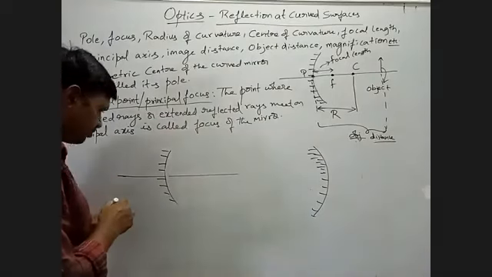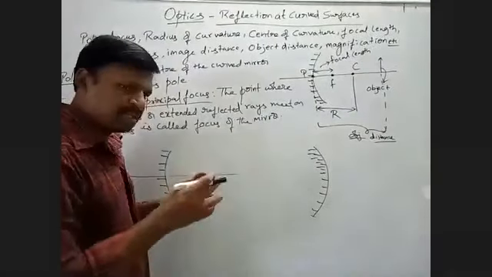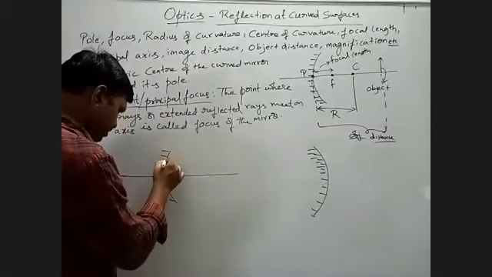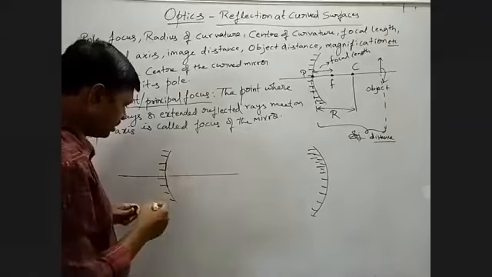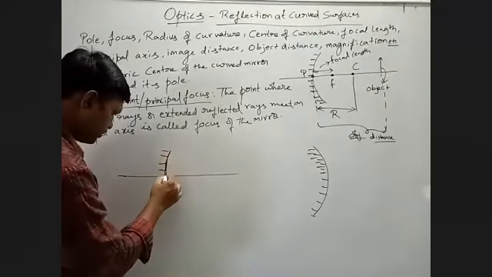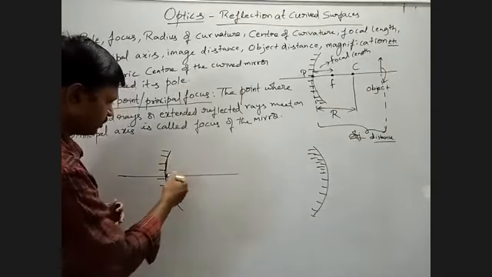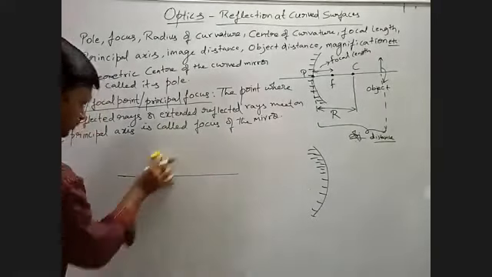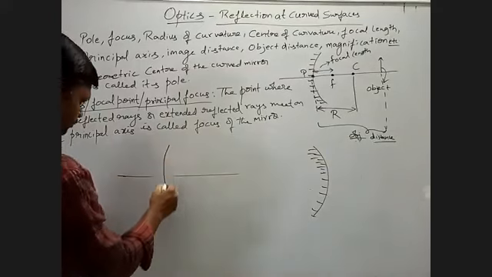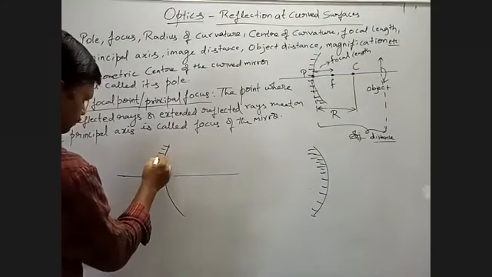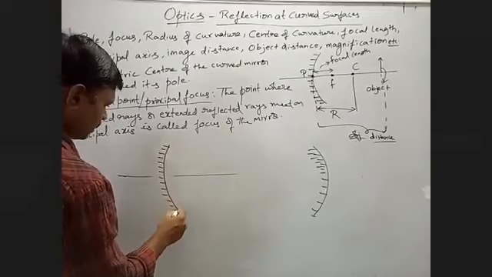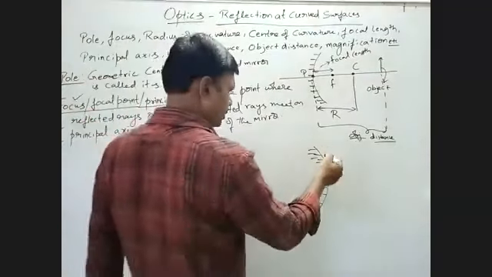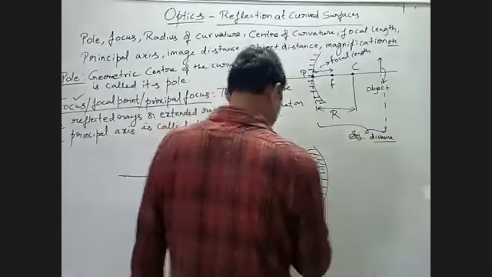In a concave mirror, the end which is bulged inside is the reflecting surface, and the other surface is silvered.